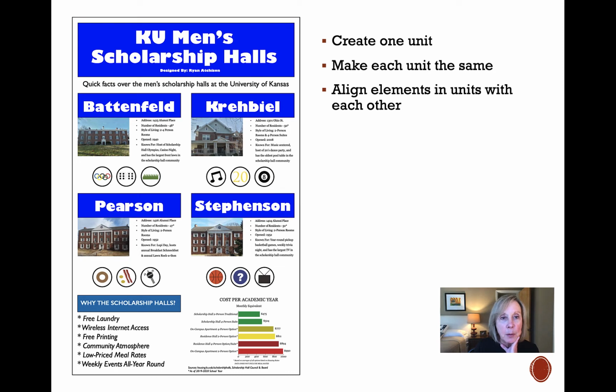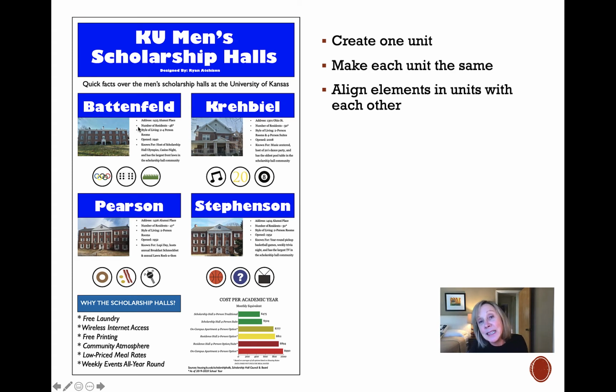However, he got that problem solved. But he started by creating a kind of grid or template or format and created one unit, right? And then made each other unit the same format, same text formatting, same alignment.